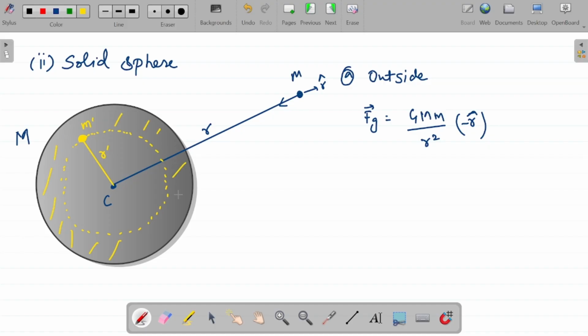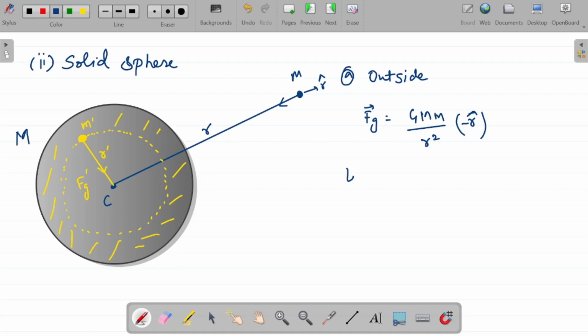And due to this spherical shell, as this body is lying inside the spherical shell, the net gravitational force will be zero. So the only gravitational force in this case, let's say Fg prime, will be due to this sphere, which has radius r prime.